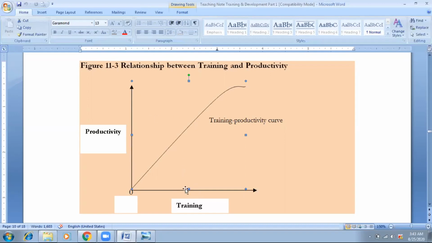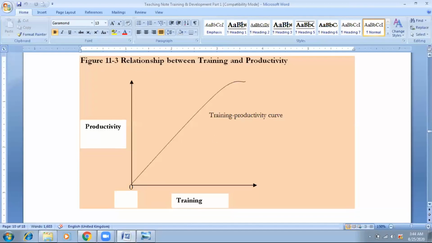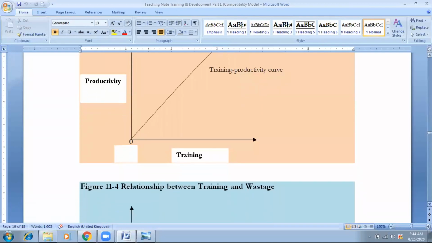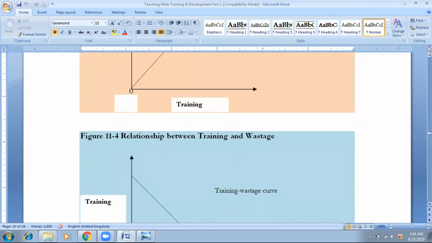So increased training will result in increased productivity, assuming other factors that determine productivity remain constant. If we reduce training, productivity tends to reduce.